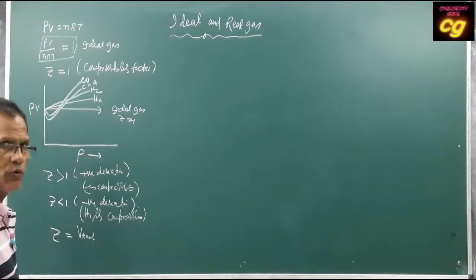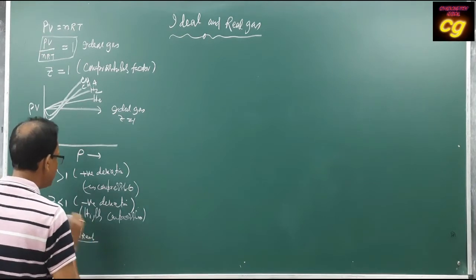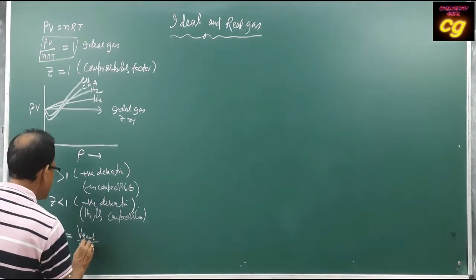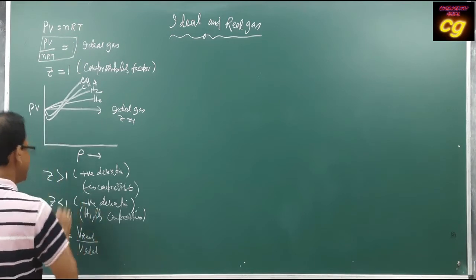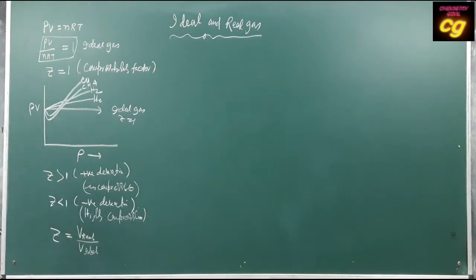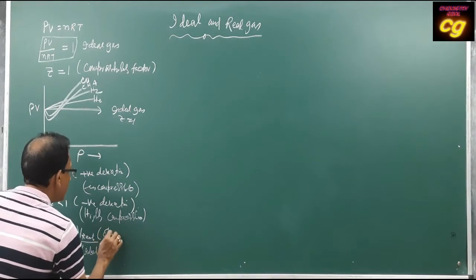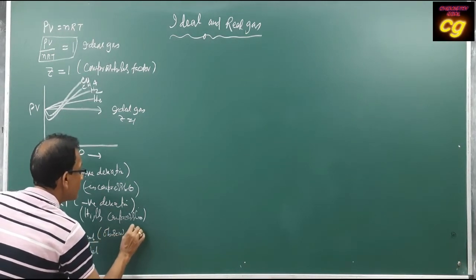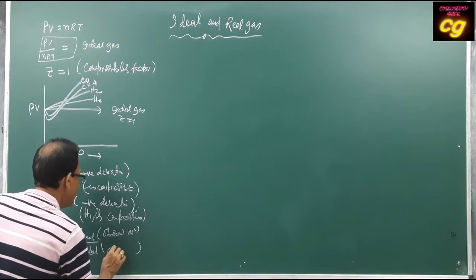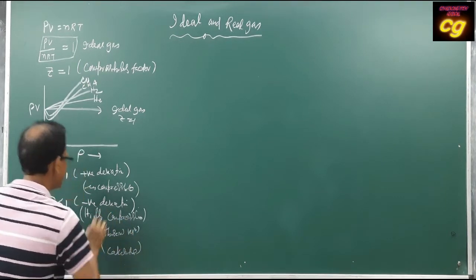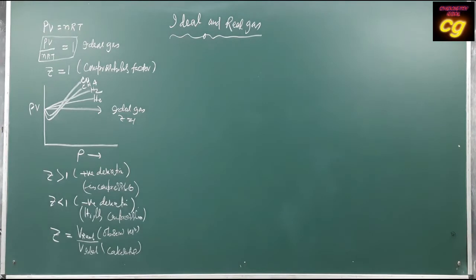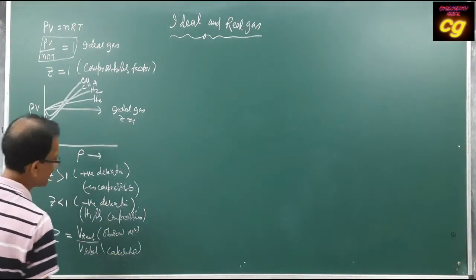Real gas means it does not obey ideal behavior, the experimental value, and this is the ideal volume. Real volume means the observed value, observed experimentally. This is your calculated value. This ratio also gives the value of Z.